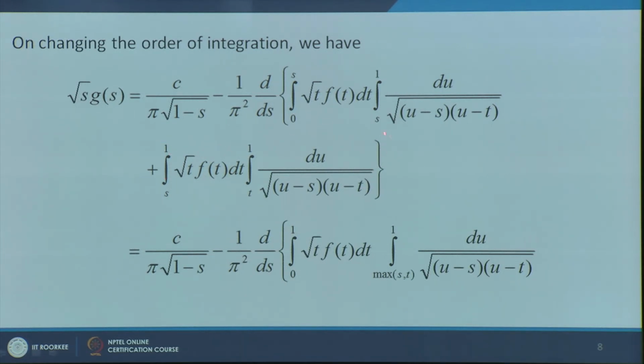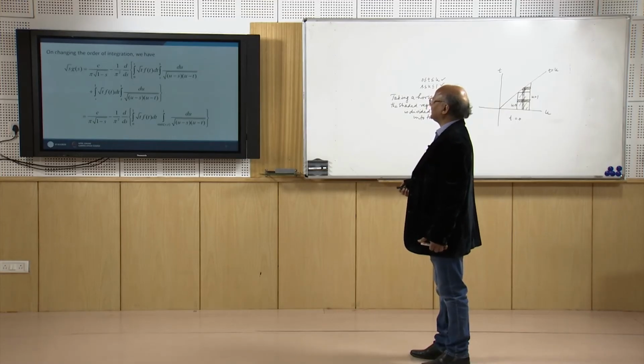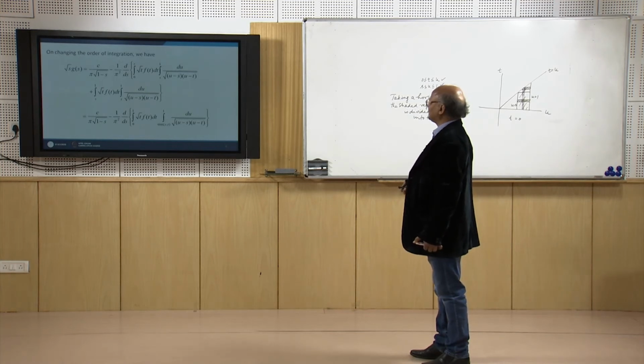We can combine these two integrals and write integral 0 to 1 square root t f(t) dt, maximum of s, t to 1, du upon square root of u minus s into u minus t, because we can break 0 to 1 into two parts, 0 to s and s to 1, and then this expression will give you this one and this one. On changing the order of integration, we can combine these two integrals in this form.